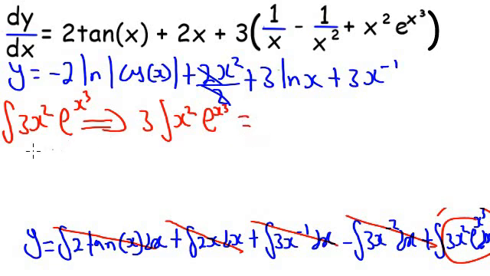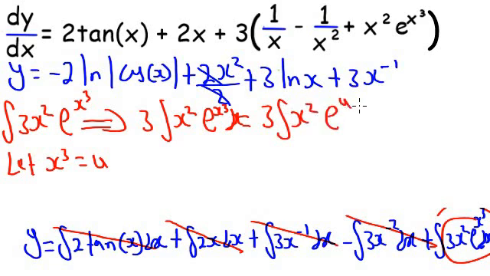Well, let's make the x cubed, the index of the exponential, equal to u. So let x cubed be equal to u. So therefore, we can have the integral equal to 3 integral of x squared e to the power of u dx. Before this can be integrable, we must have this with respect to u and not with x. Otherwise, we can't integrate it yet.